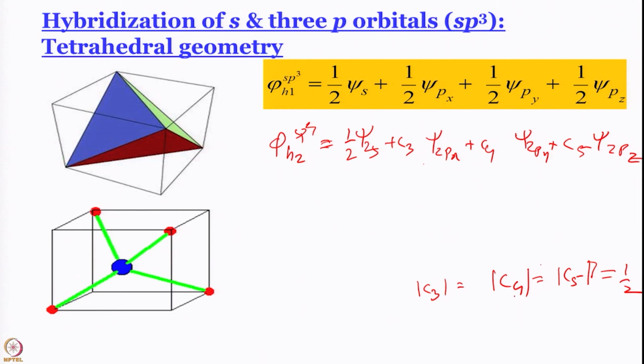So, the squares must add up to 1 and they are equal to each other. So, that is how. Okay, fine. So, now the mods are same.